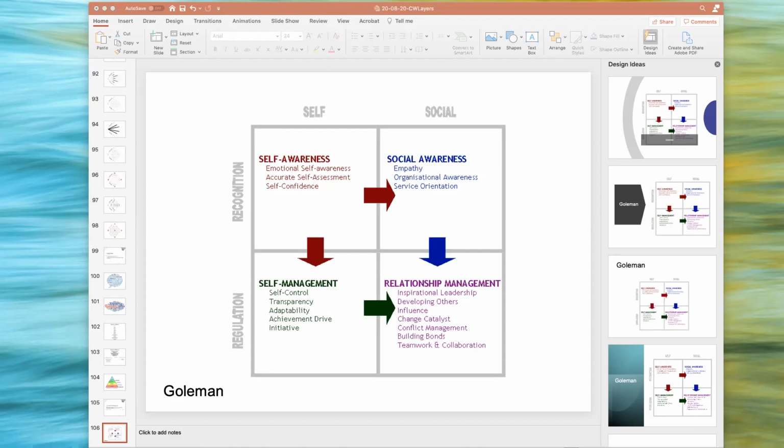The whole premise was that self-awareness is the cornerstone, because if you're aware of your own emotions, you're at least positioned to regulate them. And if you understand your emotions, then other people's emotions, then you can move into some of those other areas. I remember it going something like that. This is back in 2001 or something. So it's been a while.